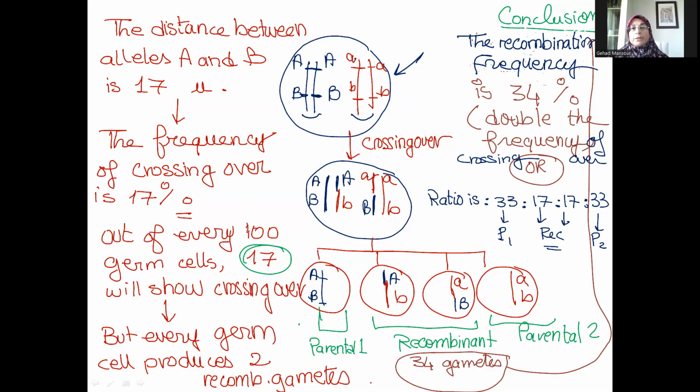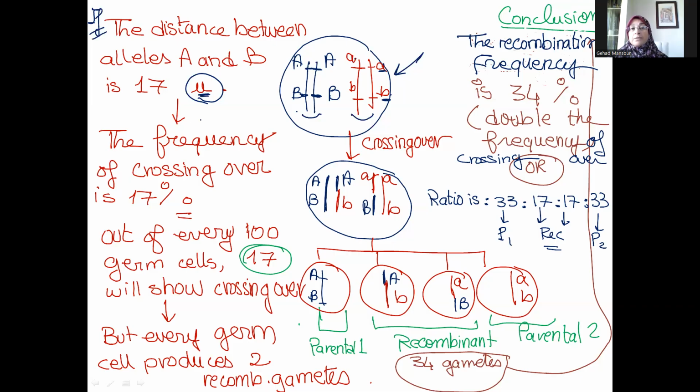If we assume, for example, that the distance between alleles A and B is 17 units, this means that on the paternal chromosome, the distance will be 17 units, and on the maternal chromosome, although the alleles are recessive, the distance is also 17 units.